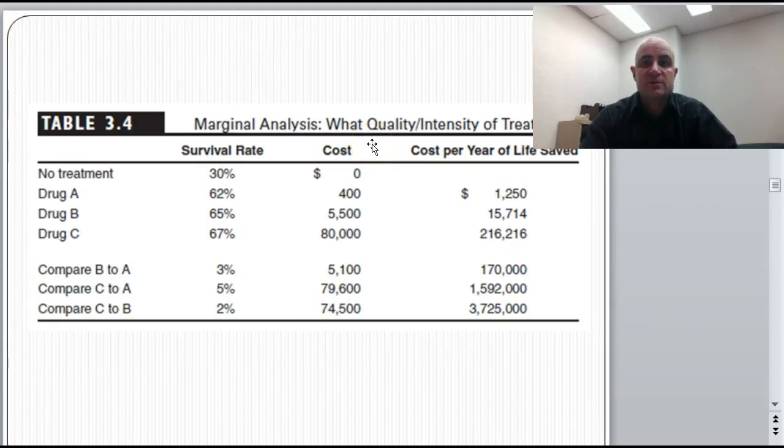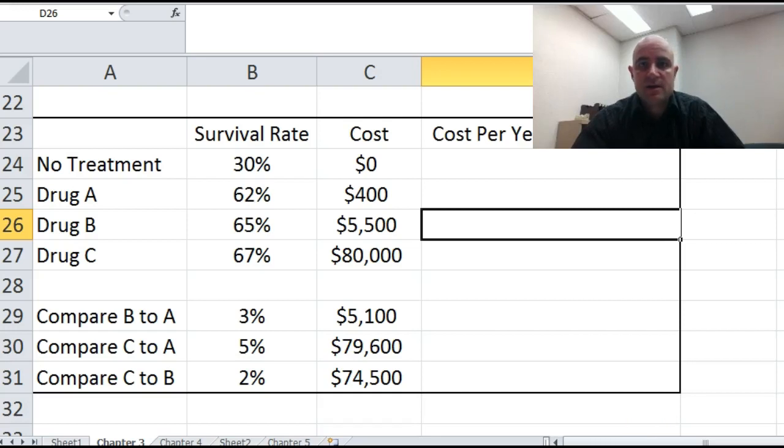So now let's look at a couple examples of doing a marginal analysis, and to walk you step by step through this. So when we look at this here, let's say that instead of one type of medication, you're trying to decide what kind of medication you should have, and you need to look at the cost, the benefits, and so forth.